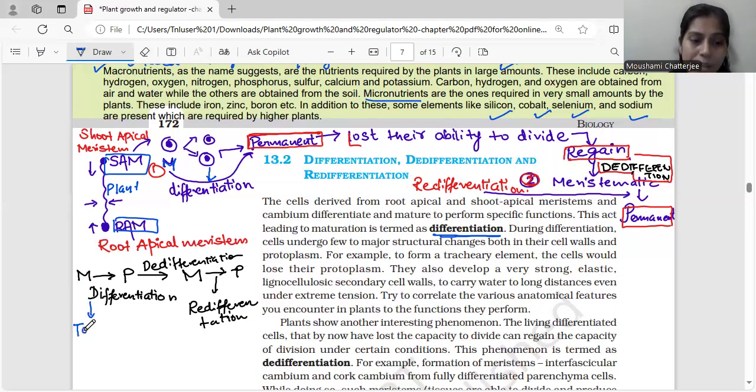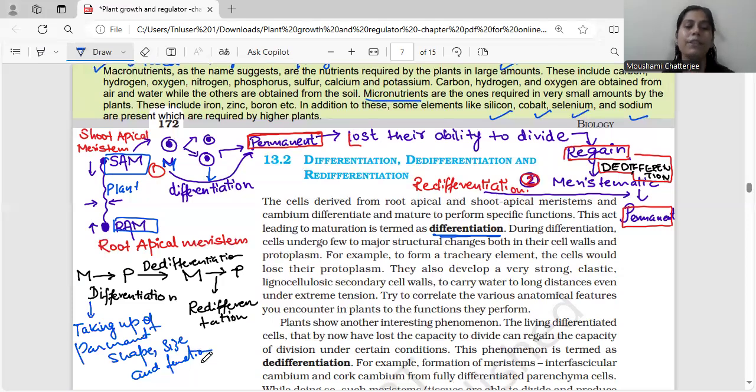Basically, it is the process of taking up of permanent shape, size, and function. This is known as differentiation. Now, this permanent tissue, which is formed from the meristematic tissue by the process of differentiation, no longer divides.